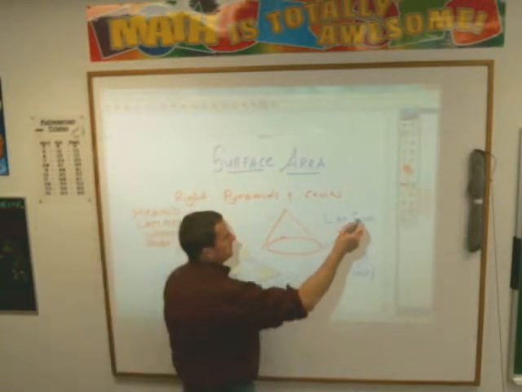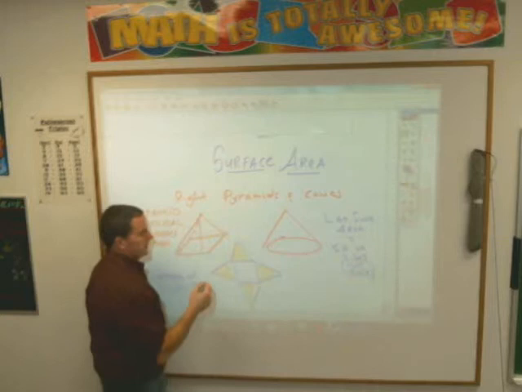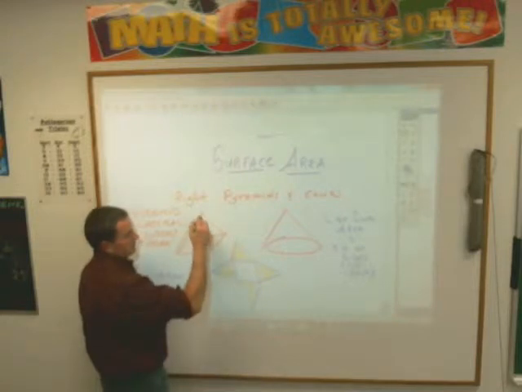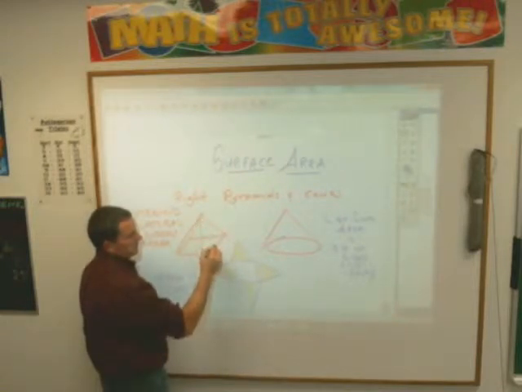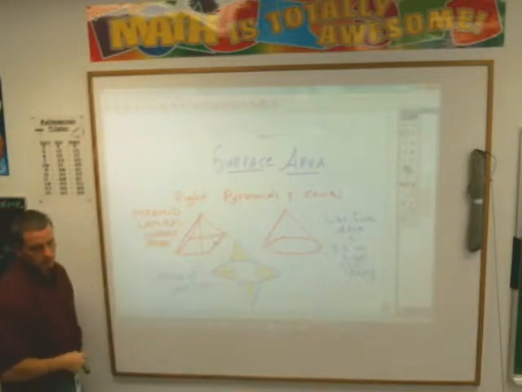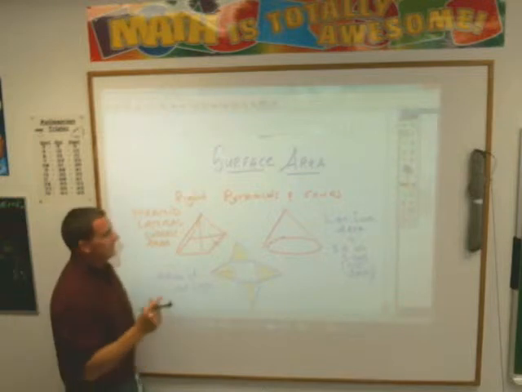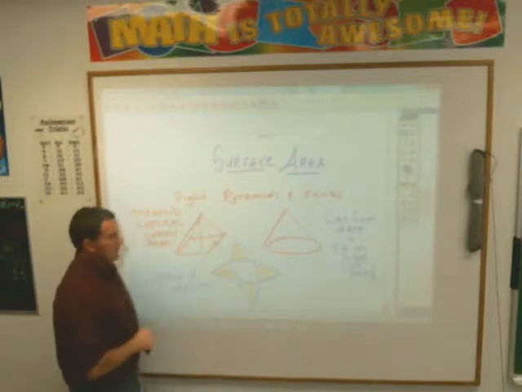If I'm doing this, the height of my triangle is this, which comes out to this thing right here. What did we call that thing there? Caroline? The slant height. It is the slant height.